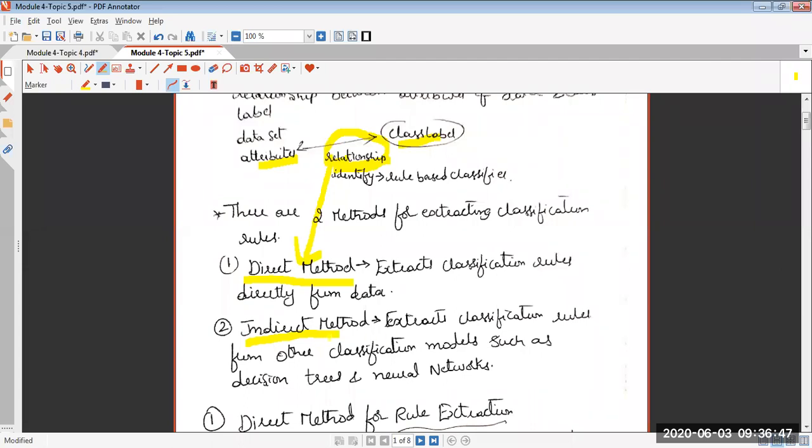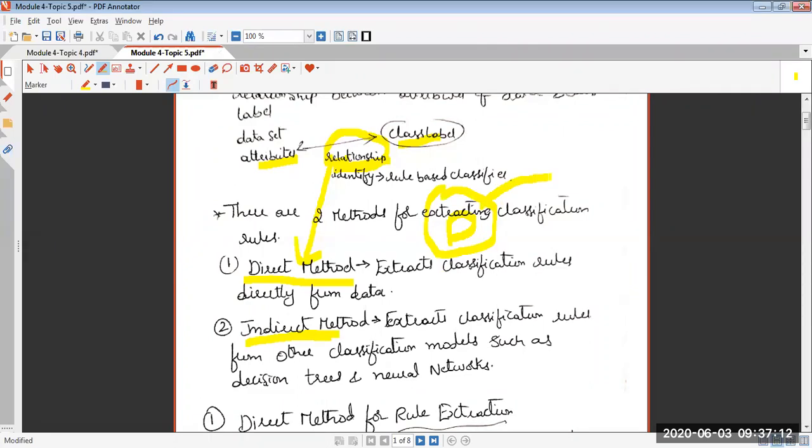Now, what is indirect? Indirect means from the raw data, you are not directly constructing the rules. There is something in between. Let us first understand the direct method. This is my raw data, I will mark it by D. I have put a circle and written D, which means it's a raw database.